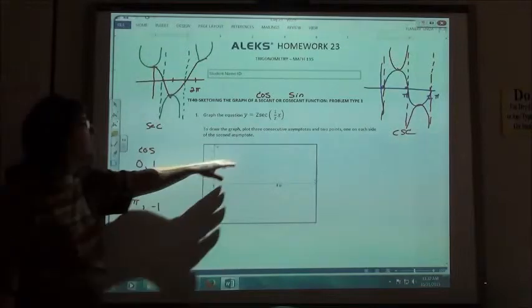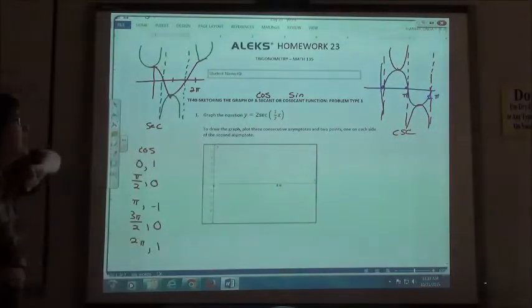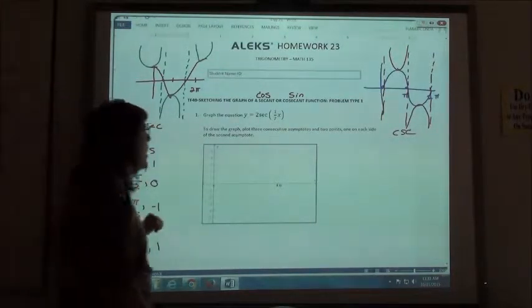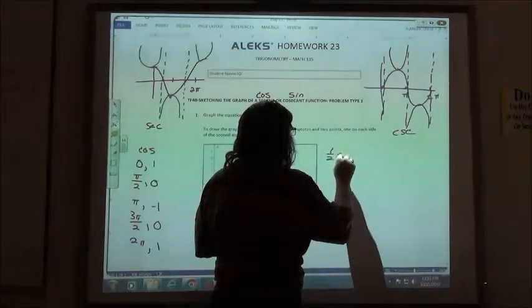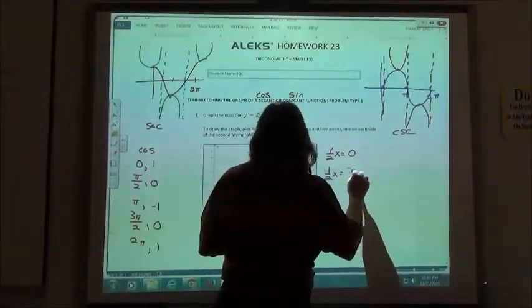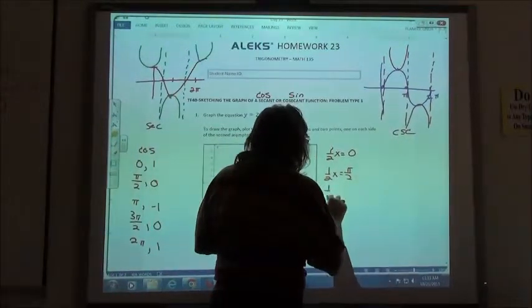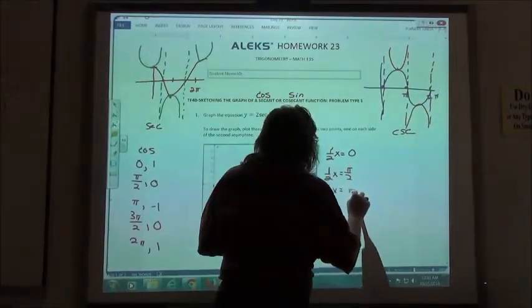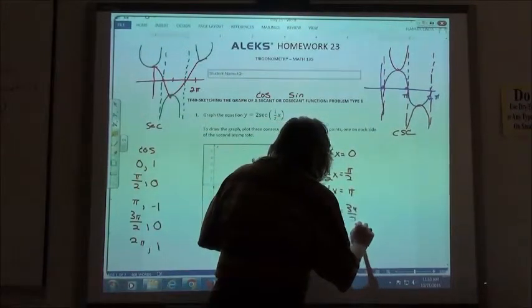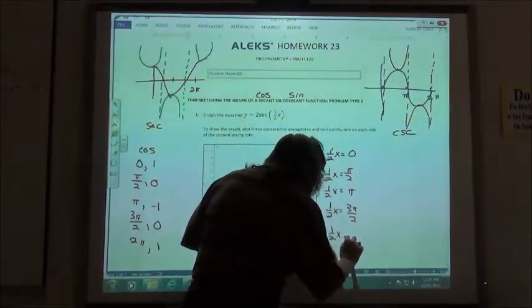First of all, I have to figure out my shift here. I have my 1/2 for my b value, and so I'm going to have 1/2 x equals 0, 1/2 x equals pi over 2, 1/2 x equals pi, 1/2 x equals 3 pi over 2, and 1/2 x equals 2 pi.